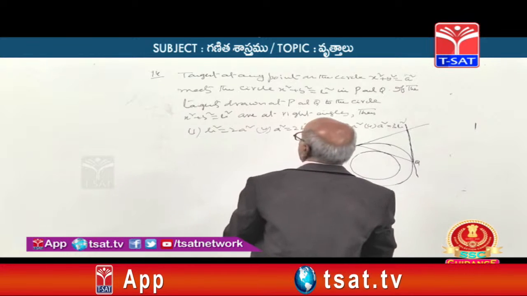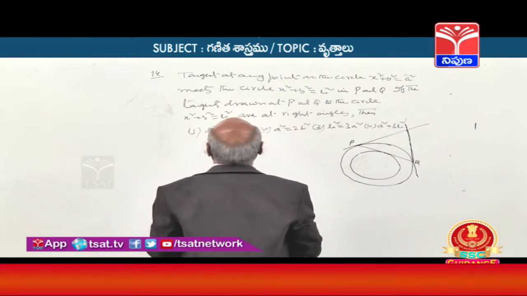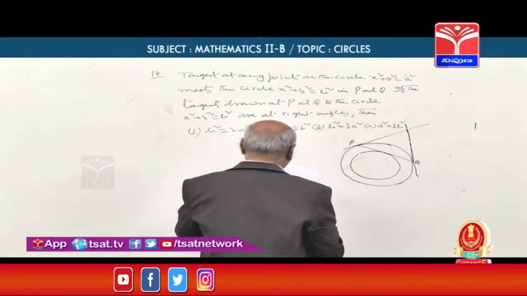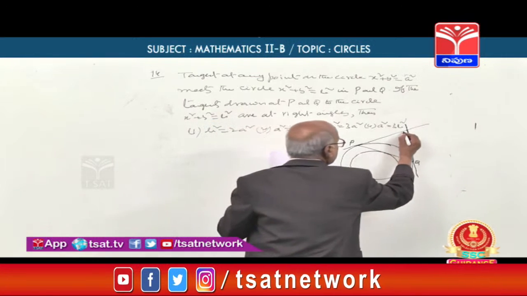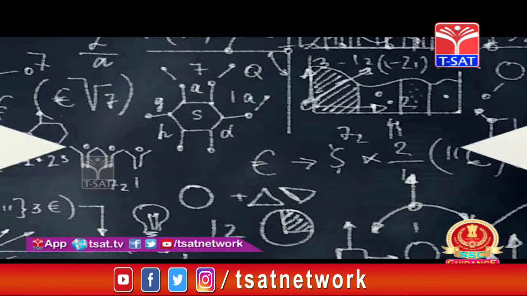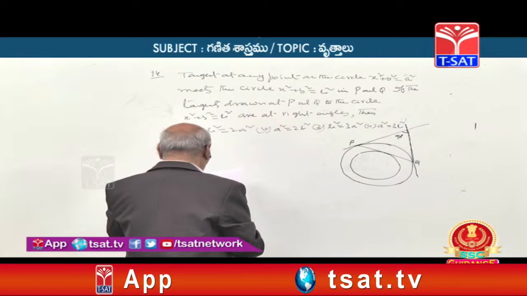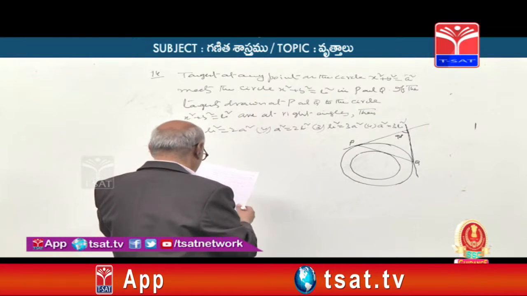So, what he asked is, tangents drawn at P and Q to the circle x square plus y square is equal to b square are at right angles, that is 90 degrees. So, the relation between these.